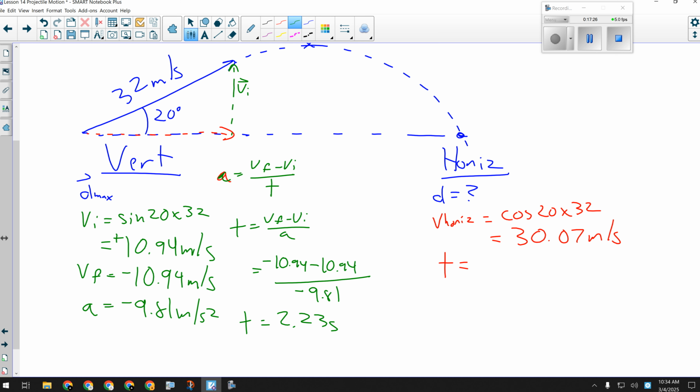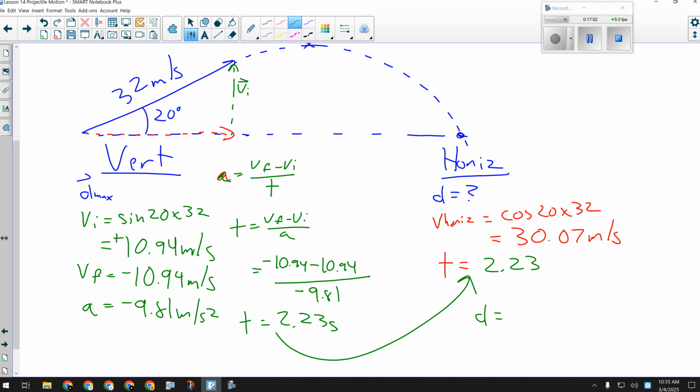Where can that time go now? It's the one thing they share. Okay, time is the one thing they share. Okay, can I calculate the horizontal distance traveled now? I got V, I got T, I think so. Okay.